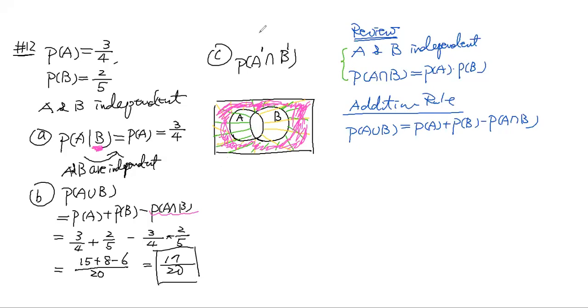Then you look at the purple part and say, oh, the purple part is just the outside of A union B. I just figured out A union B is 17/20, so this will be 1 minus 17/20, which is 3/20. Because the purple part is just everything outside the union. This is a pretty cool problem, because you need to kind of graph it.